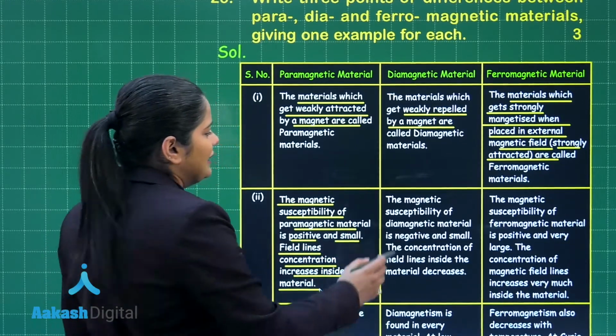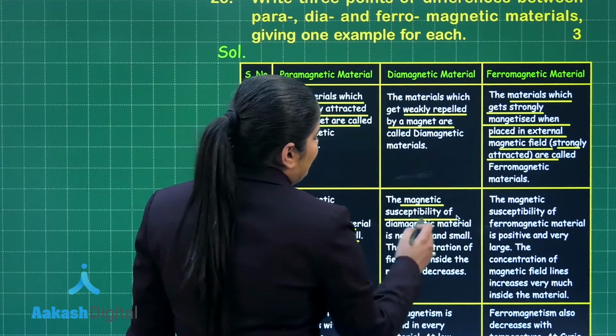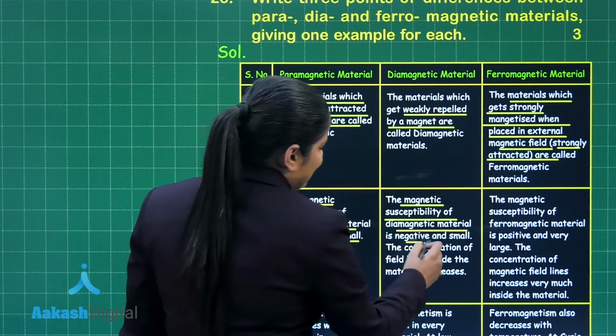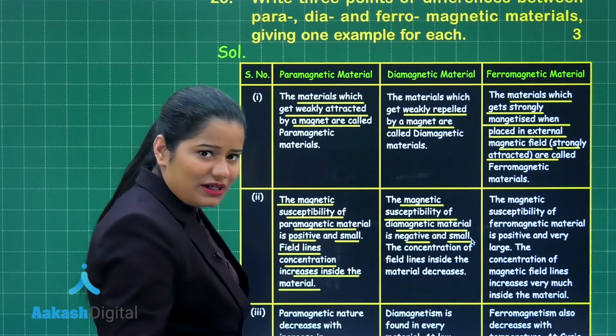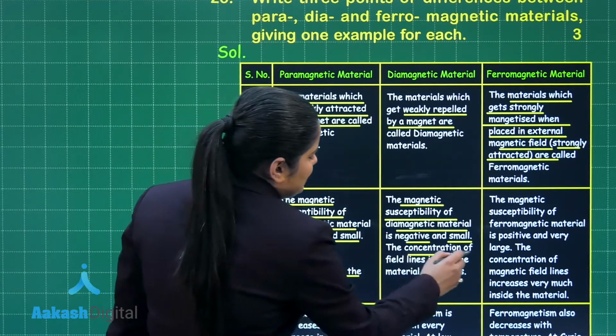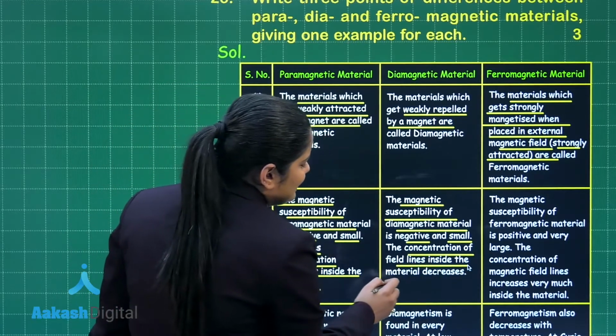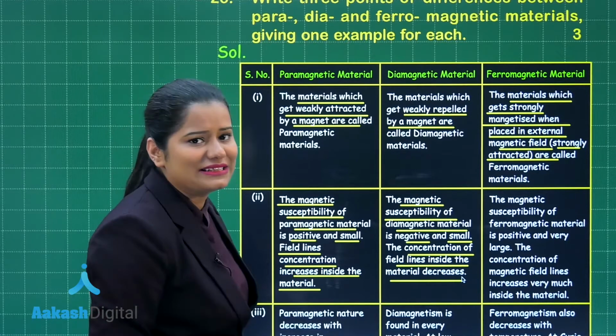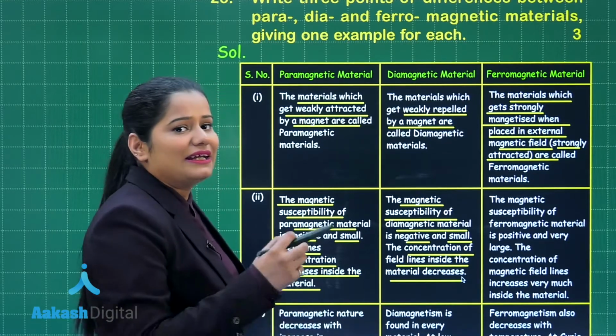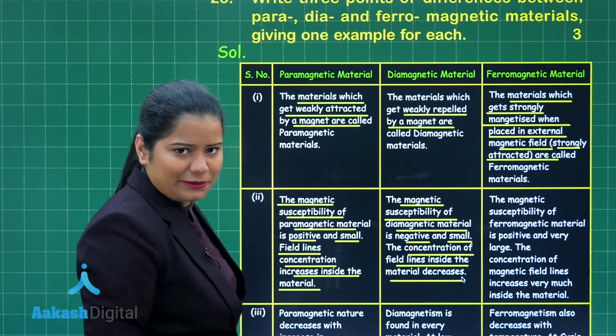On the other hand, the magnetic susceptibility of diamagnetic material is negative and small, and because it's negative, the concentration of field lines inside the material decreases once you place it in the external magnetic field.